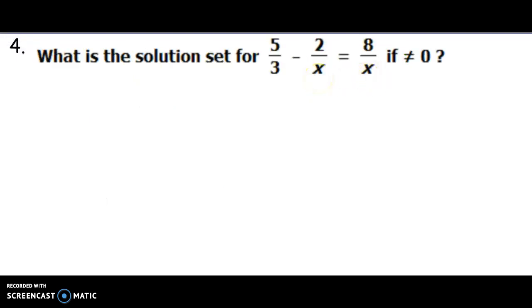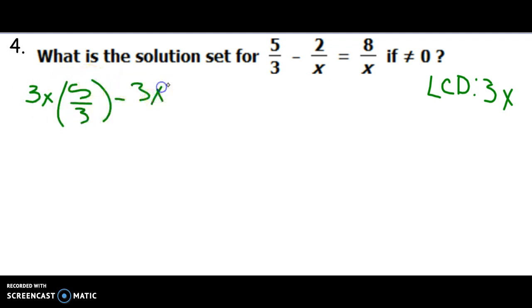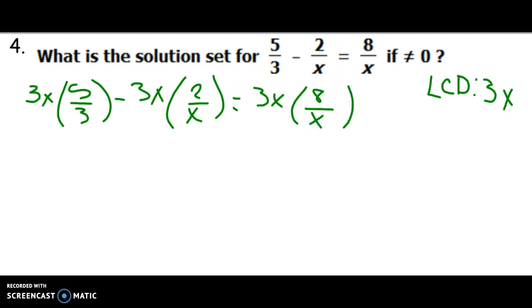For this one, again, we're looking here. It is an equation, so we've got to get rid of our denominators. So looking at what we have in our denominators, we have a 3, so we have to include that. We also have an x, and we don't need to do 2 of them, we just need to do the 1x. So if I multiply everything on both sides by 3x, then I come back and I look to see what cancels.